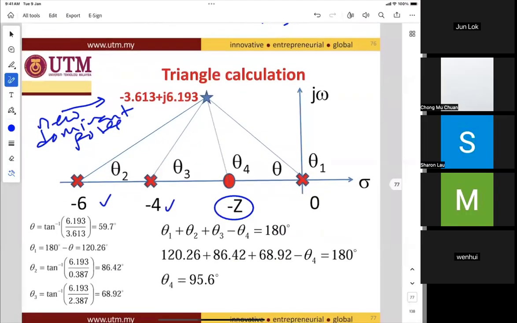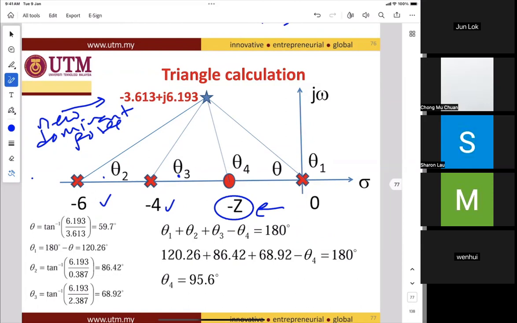For this case, I locate here. You can locate here, over here, no matter, as long as it's on the real axis. We assume -z is on the real axis.